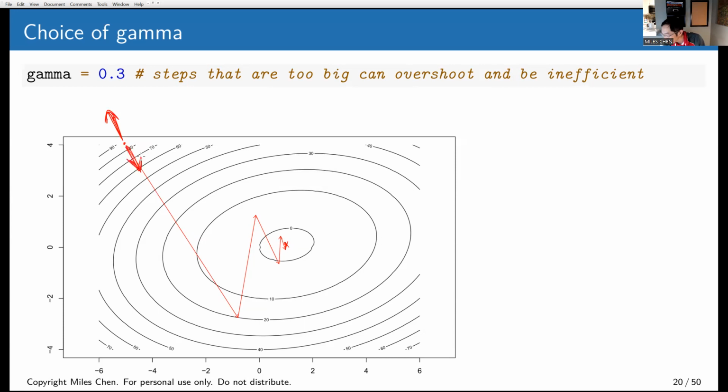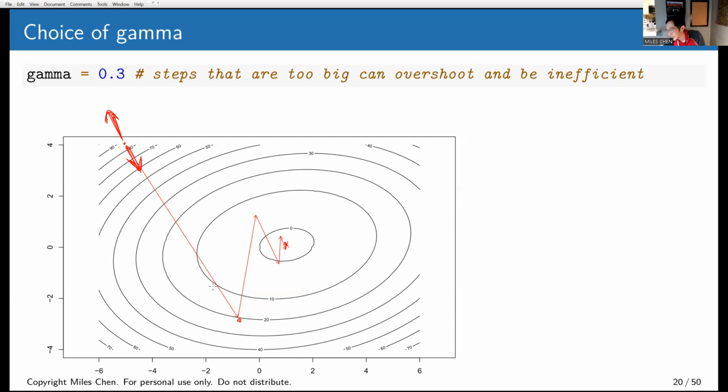What's happened is that when we went in the opposite direction, I overshot the bottom and ended up on this side. Imagine the bowl: when we said you need to go in that direction, we took such a big step that we ended up on the opposite side of the bowl.